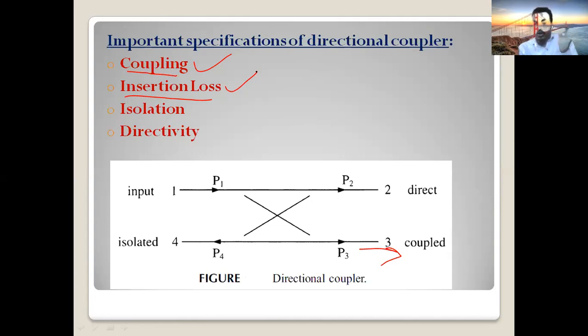So when you use a directional coupler, some amount of energy is absorbed by the coupler. We call it insertion loss. So how much signal is lost when you transfer a signal through a coupler, how much power is absorbed or lost by the coupler? We call it insertion loss.